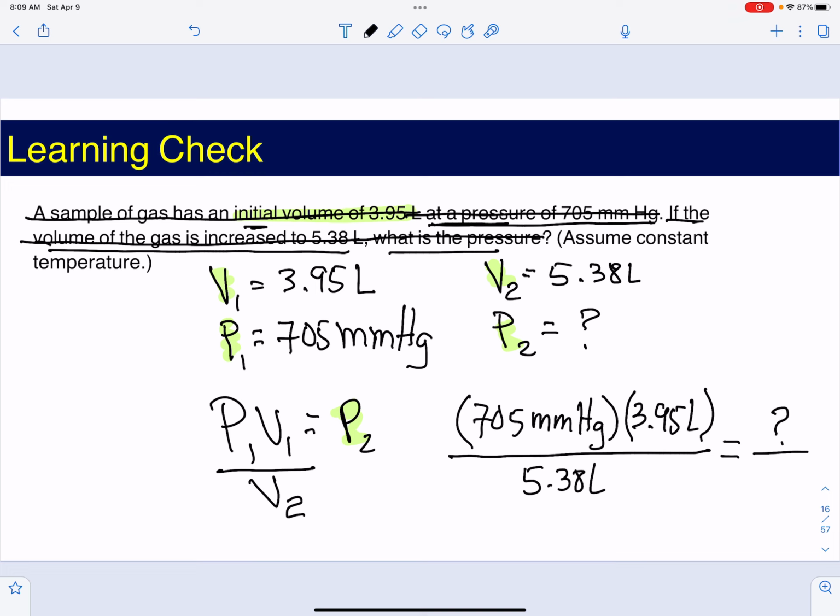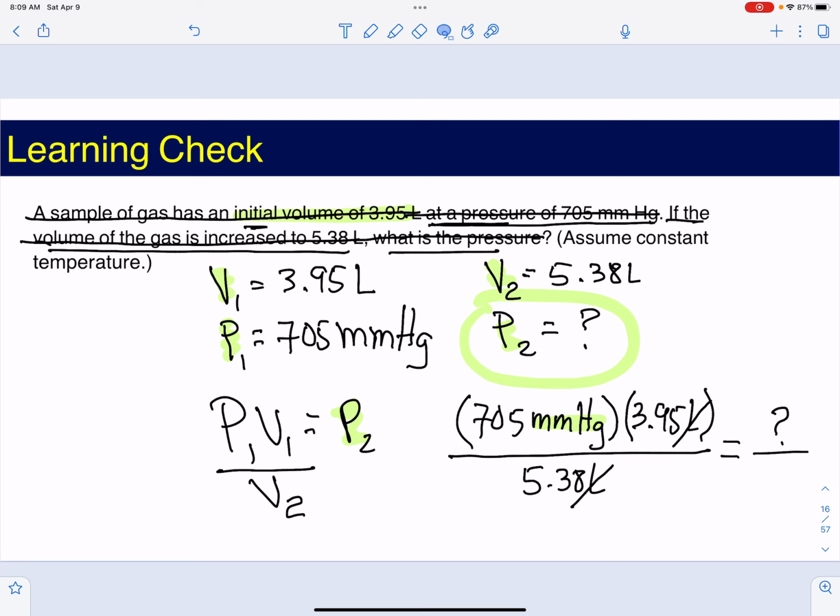Before I do anything else, I check my units. So liters cancel with liters. The only thing I have remaining is this unit, which is a unit of pressure. So that means so far I'm doing everything right. The only unit remaining is what I'm looking for.